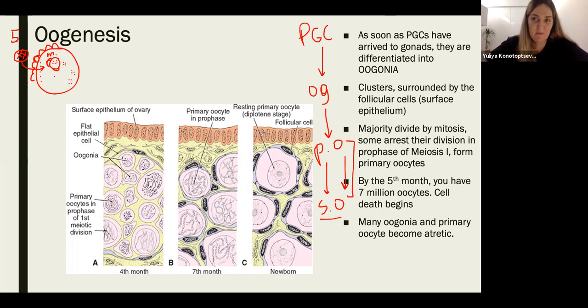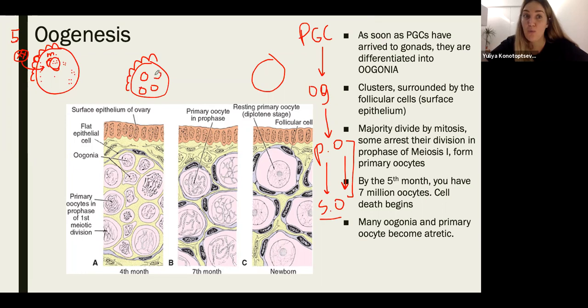I want to do something with you right now, but before I do it, I just want to remind you so you get it. We have 2 ovaries in the embryo. These ovaries aren't called ovaries, they're called gonads, because it's an embryo. On the surface of these gonads, we have surface epithelium. In the gonads, we have clusters of PGCs.